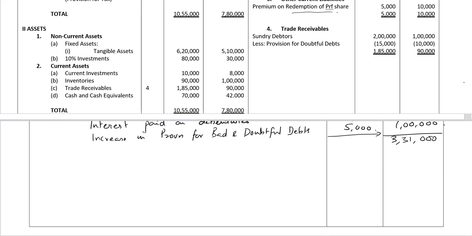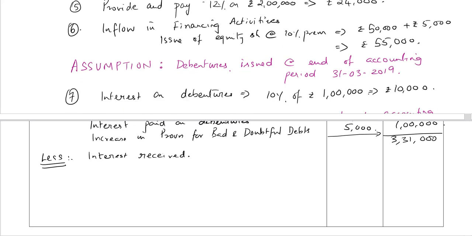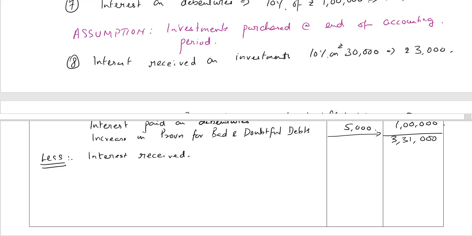Let's deduct the items to be deducted. Less, we need to deduct interest received. As per the notes that we've prepared, in point 8, interest received on investments is 10% on ₹30,000, coming up to 3,000 rupees.